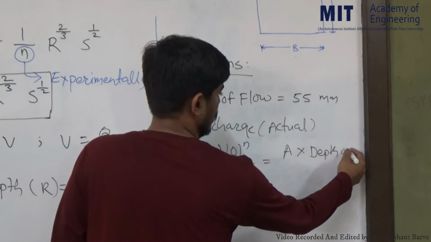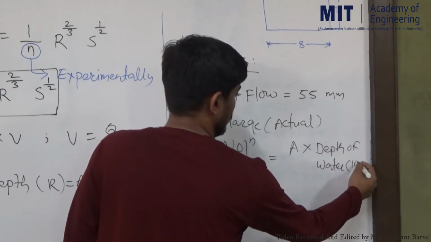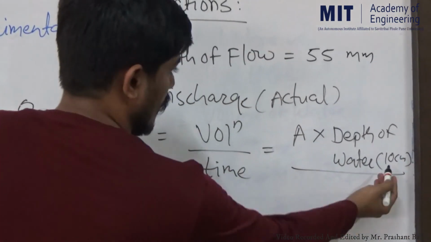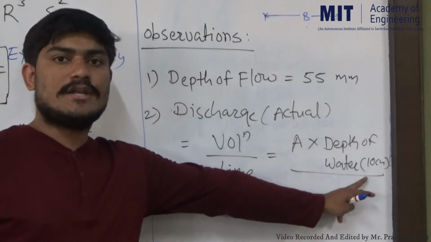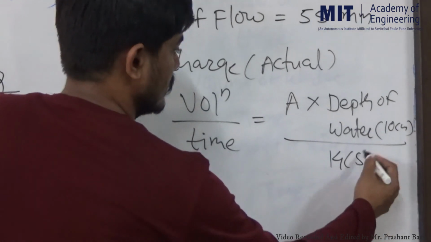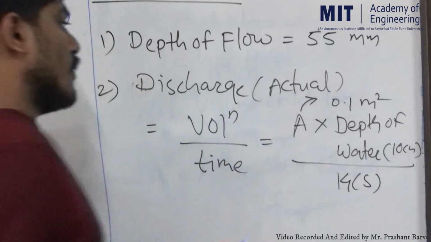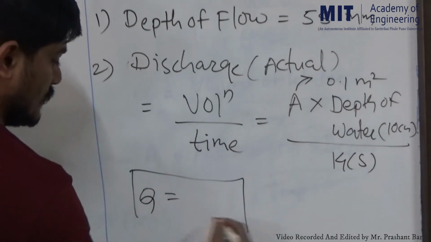We have considered the depth of water as 10 centimeters. And in order to collect the 10 centimeters of water in the measuring tank, we have noted down the time of 14 seconds. So area is also known to you, it is 0.21 meter square.